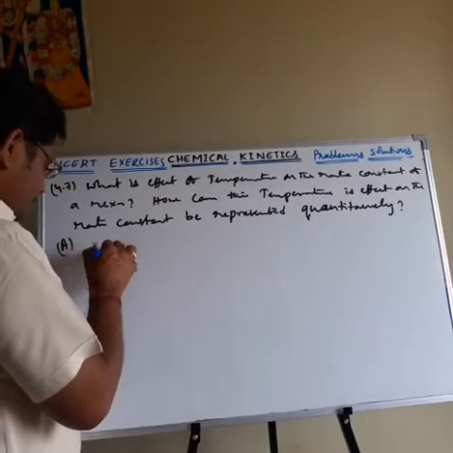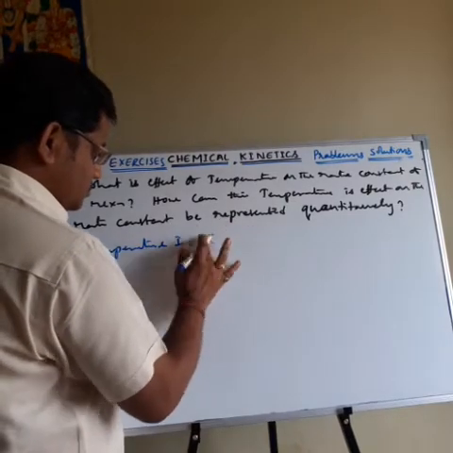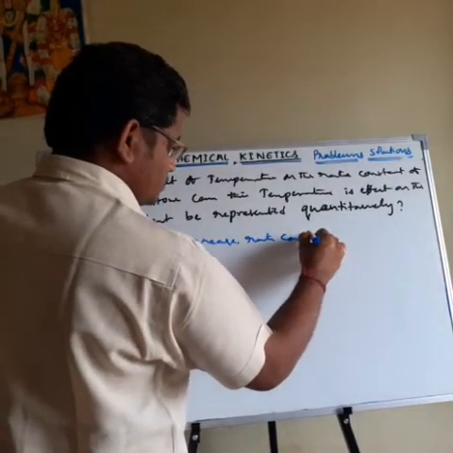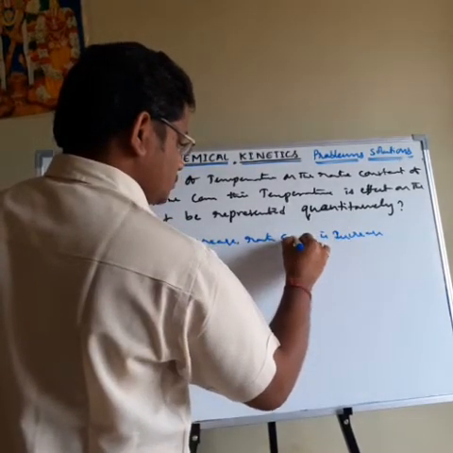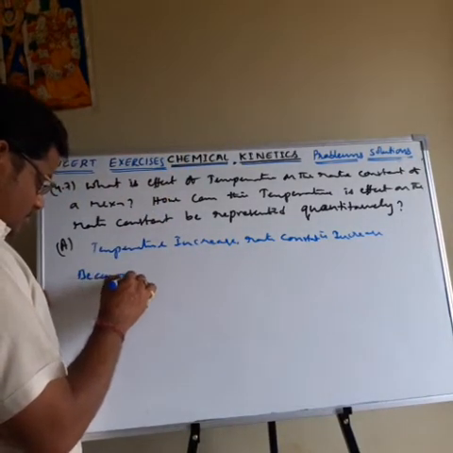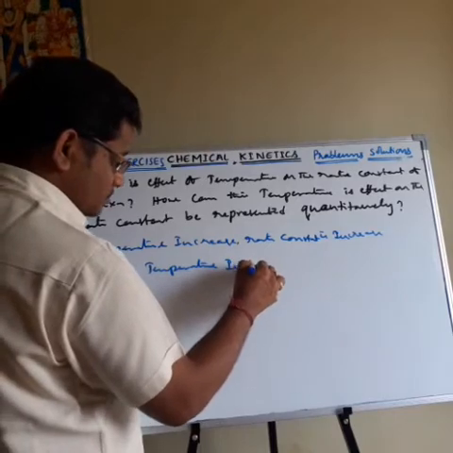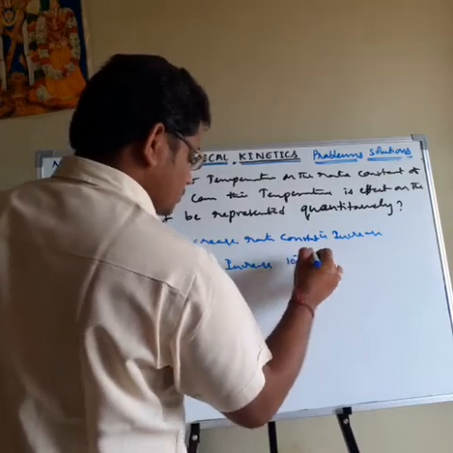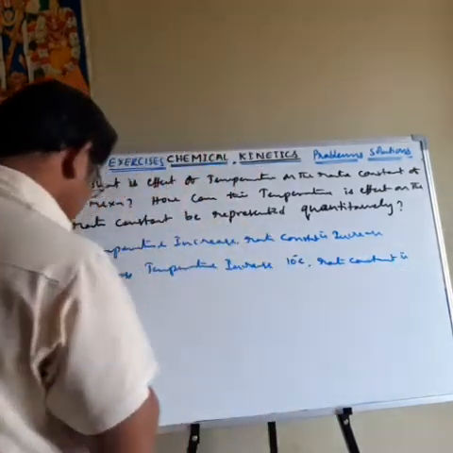So when the temperature increases, the rate constant increases. The rate constant increases because when the temperature increases by 10 degrees, the rate constant is doubled.